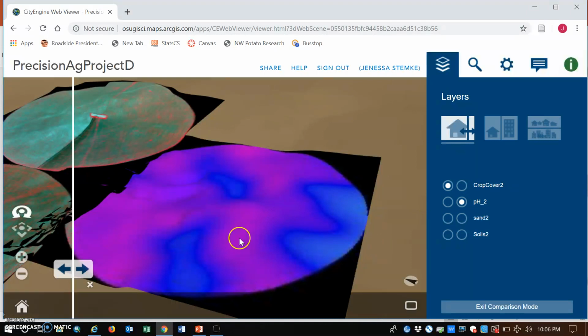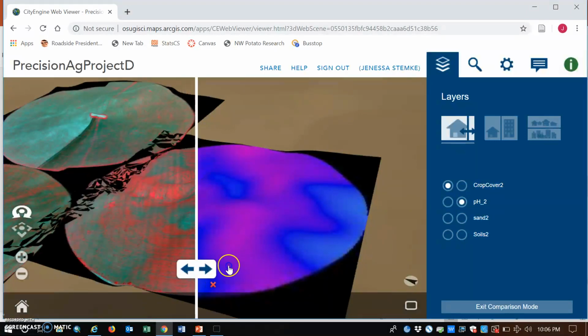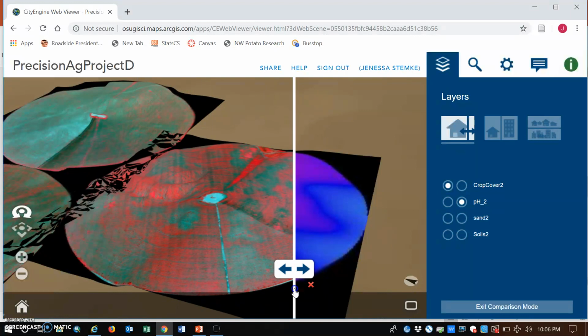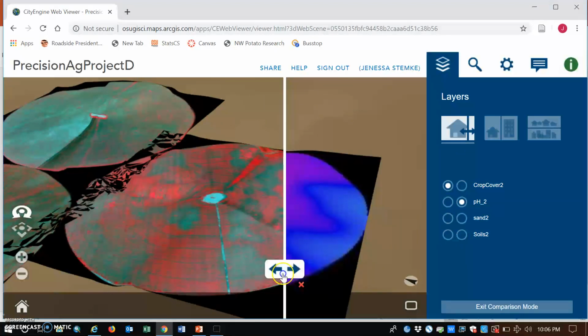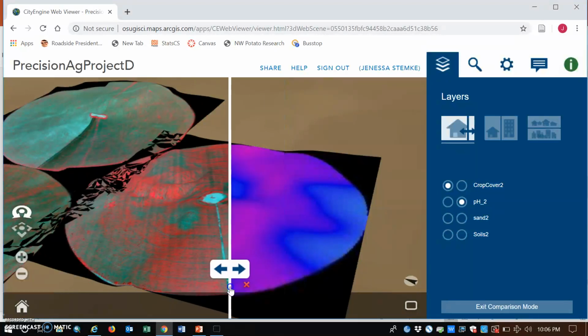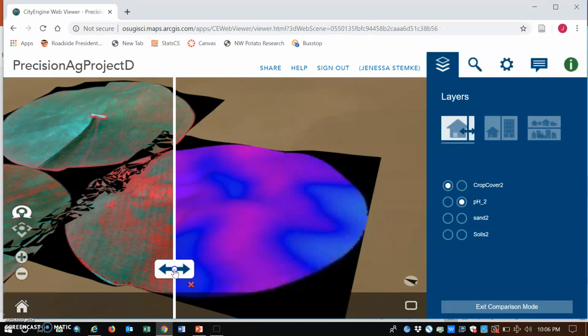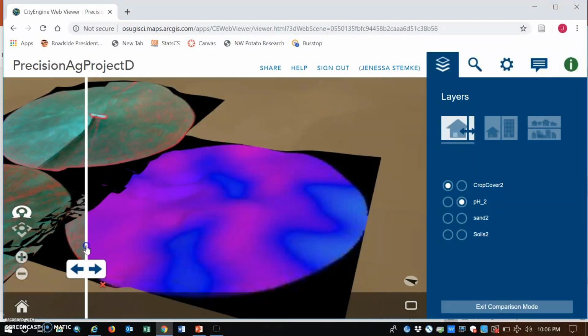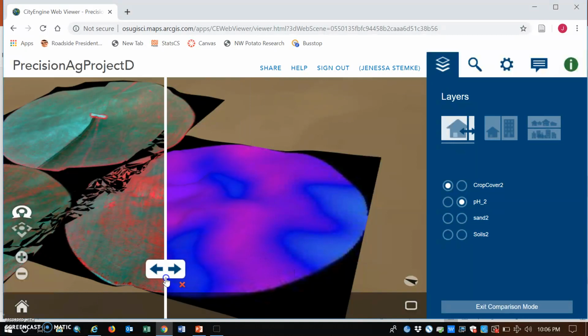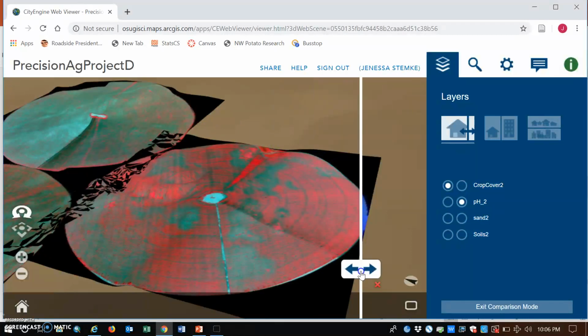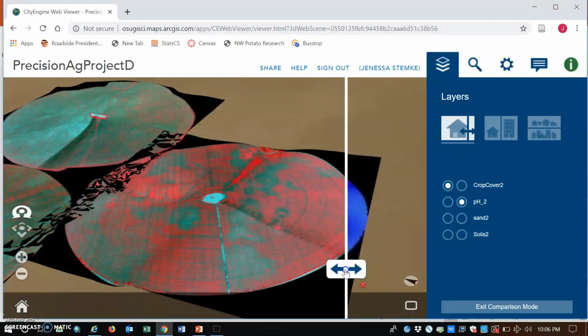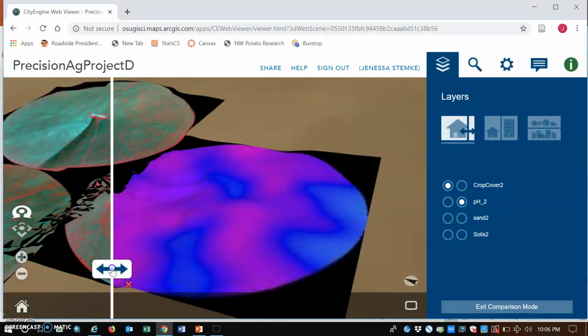Comparing crop cover, this one does look pretty well matched up: higher pH, which is purple, is matching up pretty well with poor crop stand, and that is very obvious in this case.